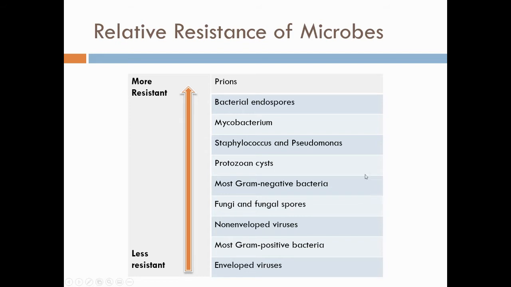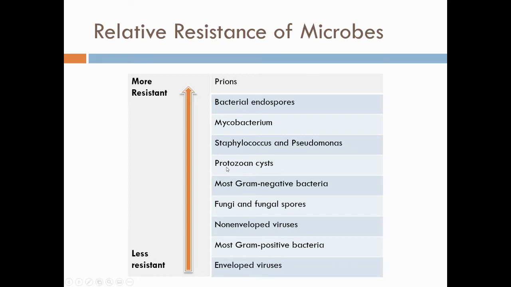So this is difficult for a lot of things to get through, right? Those lipopolysaccharides, the lipids, because of their polarity, will prevent a lot of molecules from getting in. They just give a whole extra layer of protection. So gram-negatives are more difficult than gram-positives.